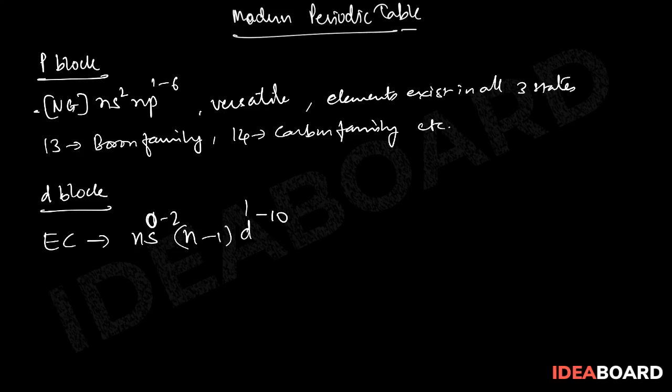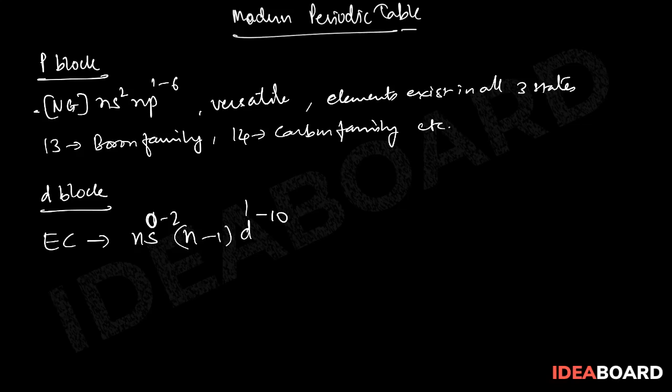So basically what happens here is the outermost shell, that is the valence shell, as well as the inner d subshell remain partially filled. So the differentiating electron enters into the d subshell here, that too the inner d shell.